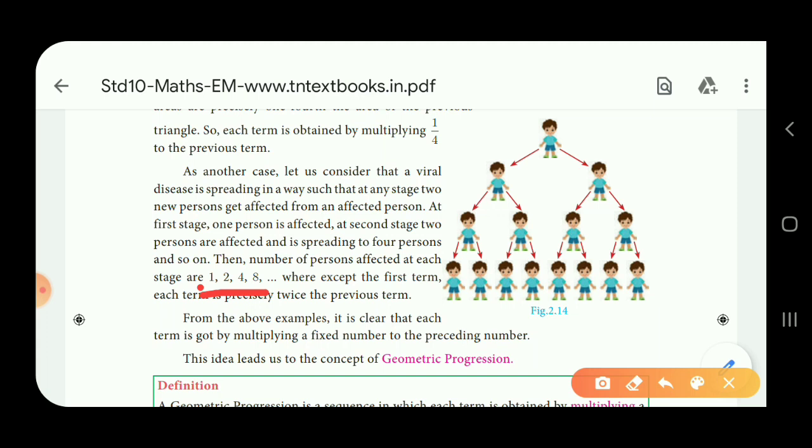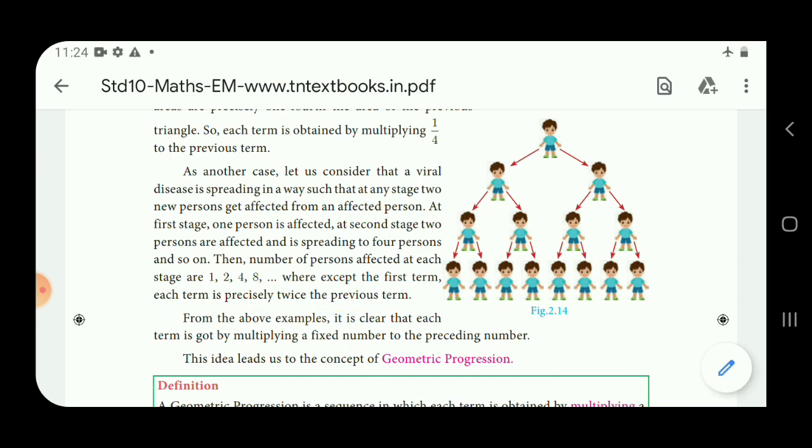So 1, 2, 4, 8 and so on. Except for the first stage, each term is twice the previous term. This is the main point in geometric progressions.